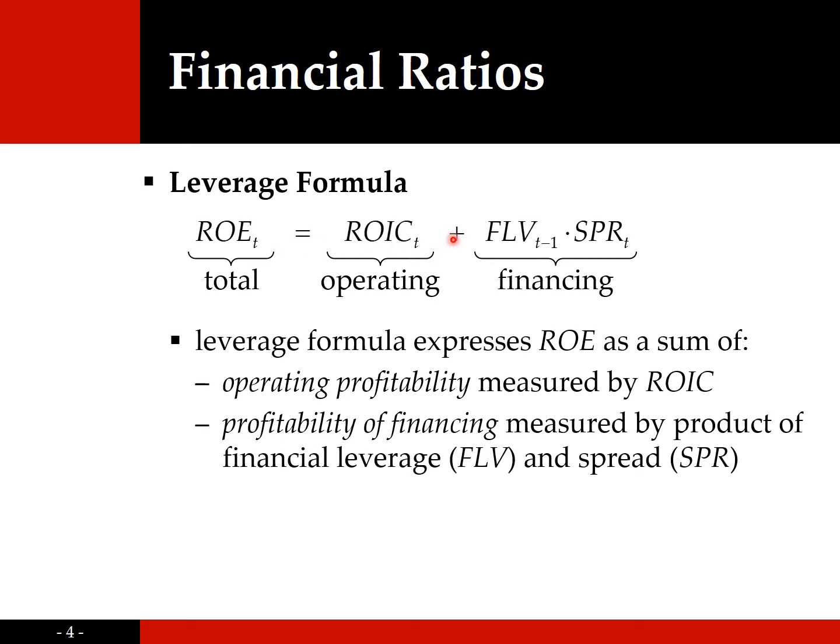ROE, ROIC, financial leverage, and spreads are all percentages, and therefore it is possible to place them in one equation. In other words, these percentages allow us to analyze how the operating part and the financing part of the business contribute to the total profitability.